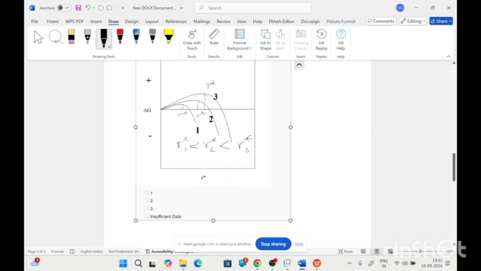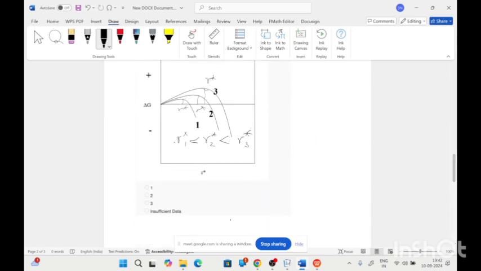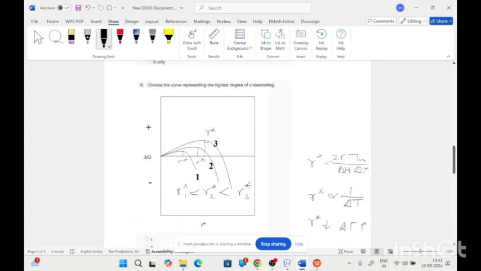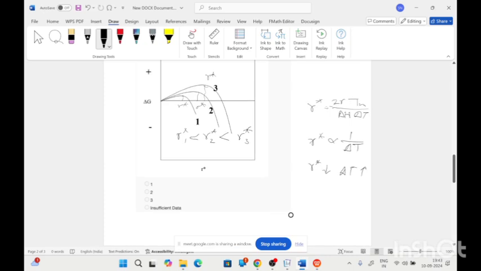So the critical radius required for the solidification is low, meaning R star is written as 2 gamma Tm by delta H into delta T. So R star is inversely proportional to undercooling. If R star is low, delta T will be high. So the question asked is which curve represents the higher degree of undercooling. So the first option will be right.